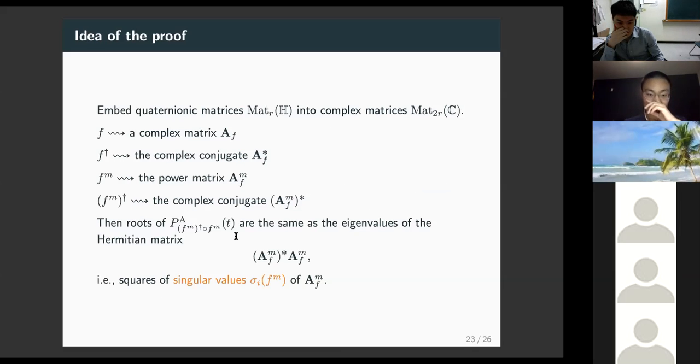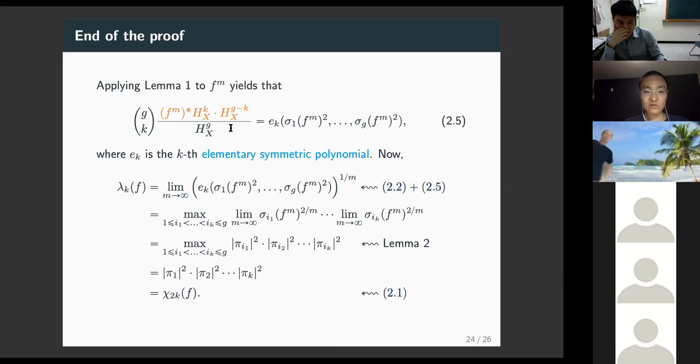Yeah. So the roots of this polynomial are those singular values, sigma_i of F to the m. Then the coefficient could be written using the elementary symmetric polynomial of those roots. All right, so now we just need to do some calculation.